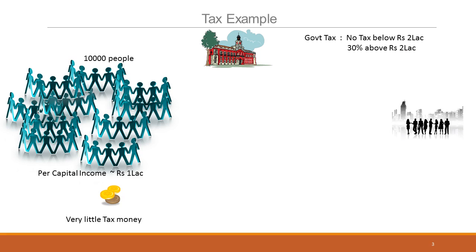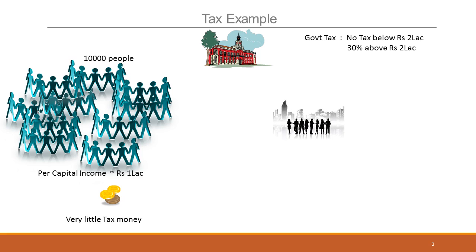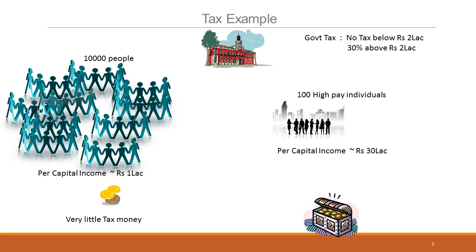Now, to this city, we add a set of 100 highly paid professionals. Let's say the per capita income of this set of people is about rupees 30 lakhs. This is a large quantity compared to the per capita income here. Now let's take a look at the tax revenue.